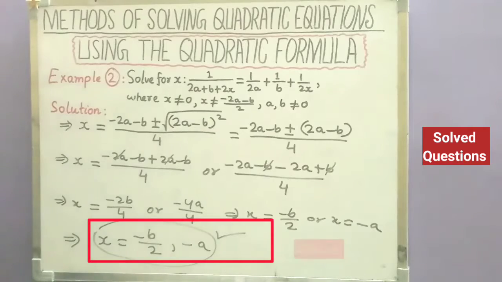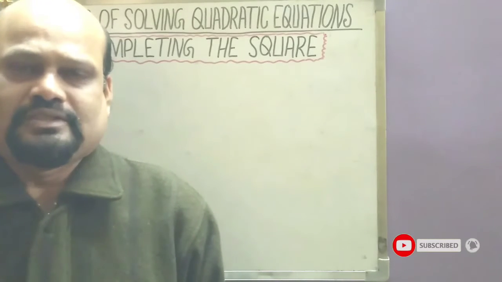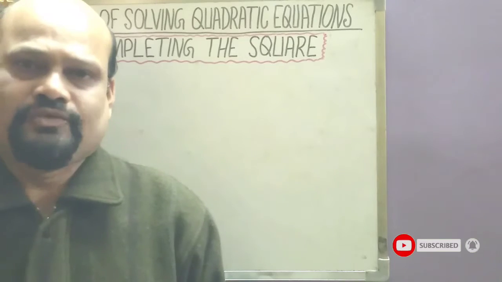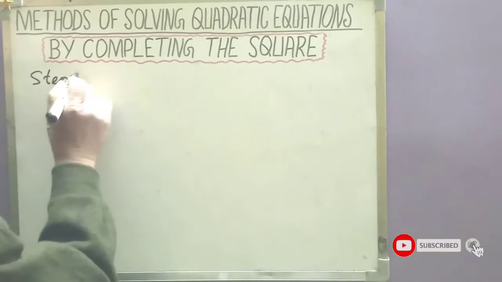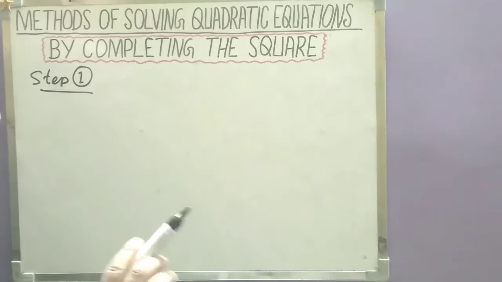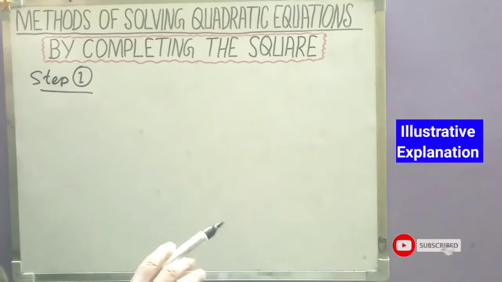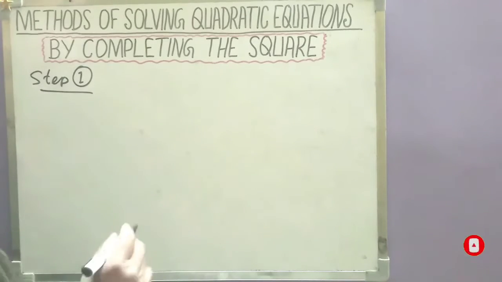That's the answer. Let's know how to solve quadratic equations by completing the squares using the following steps. Step 1. Express the given quadratic polynomial in the form of the squares of two terms by rearranging and modifying its terms.